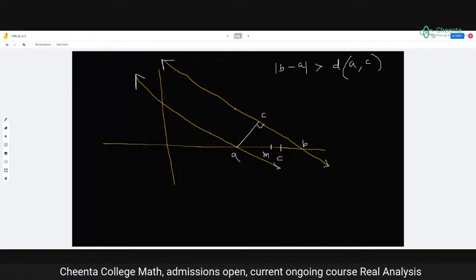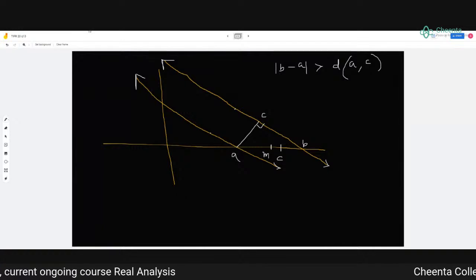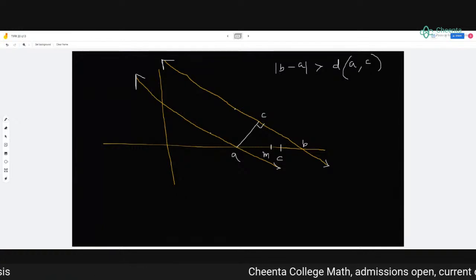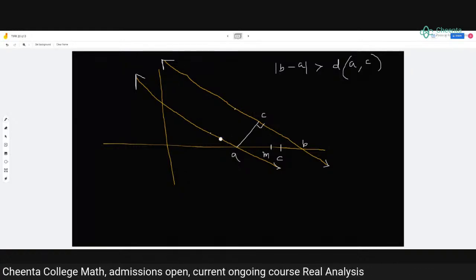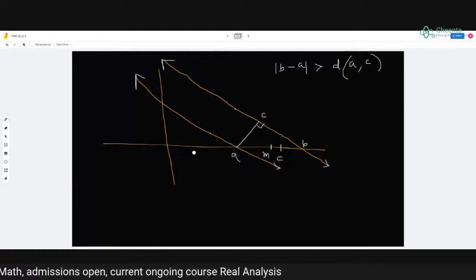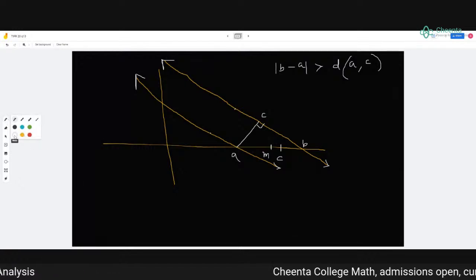Now what we have just done in the previous slide is that we have proven that any horizontal or vertical stripe will always contain an integer point, right? So then what we will do is we will pick a horizontal stripe like this. So this choice is actually important.